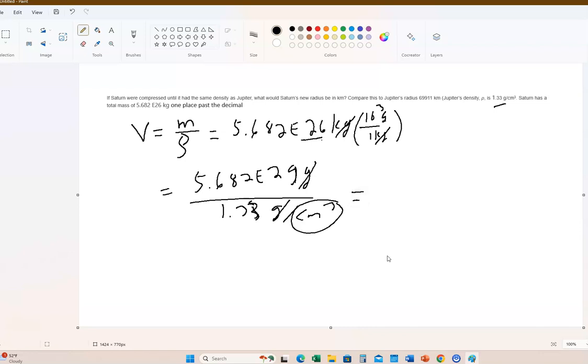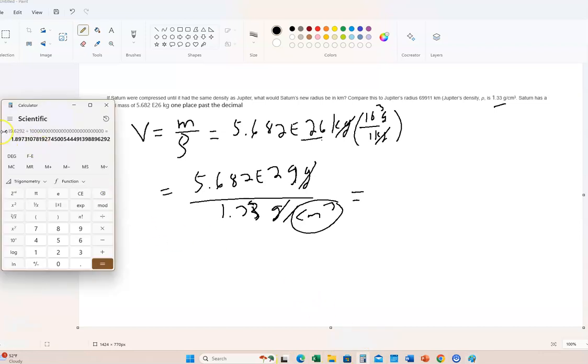So let's figure out what this is. It's just this number divided by 1.33. Let's see, here's our calculator. Most calculators would have given you the answer in scientific notation, so you wouldn't really have to play that little game.